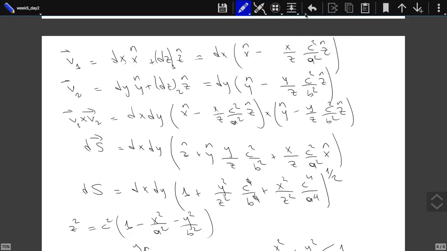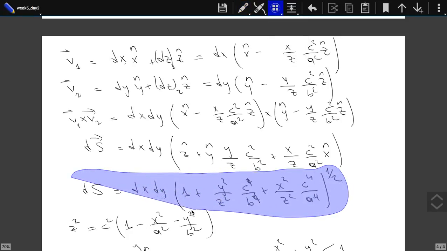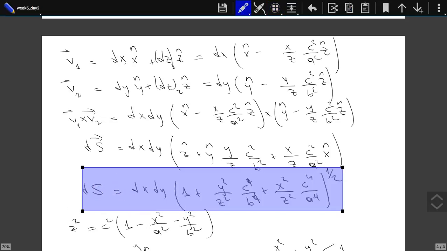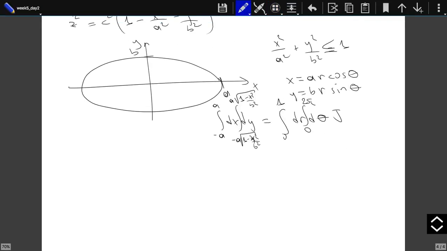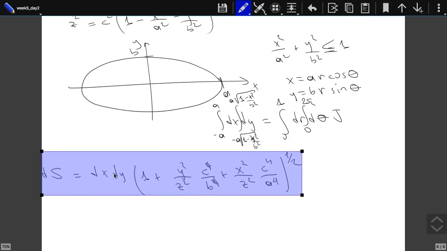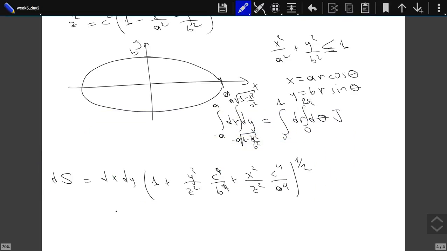Well, let's see. This is our ds. Let's first calculate what z is.